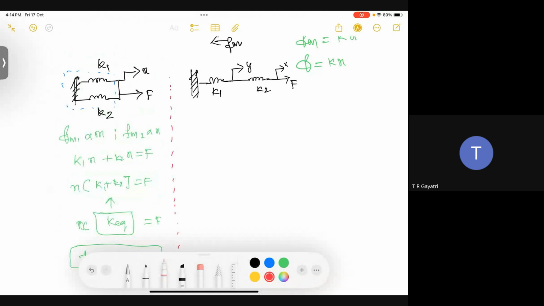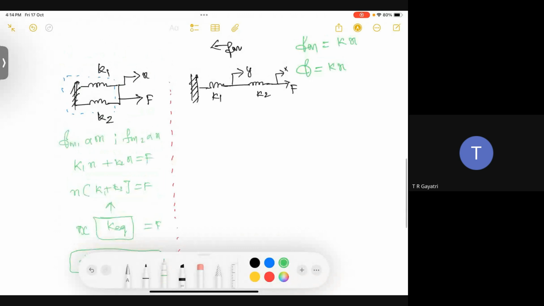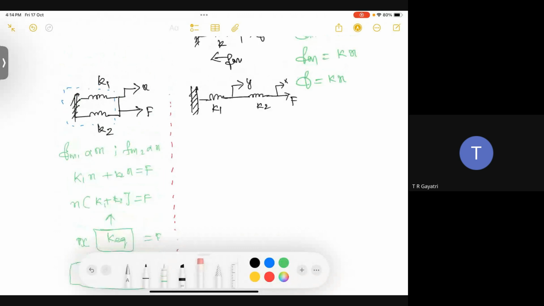So here there are two different displacements acting. The force Fm1 corresponding to K1 will be proportional to y, because it is connected to the dead end, where y is the displacement, whereas the opposing force Fm2 from the spring K2 will be proportional to the difference between the two displacements.